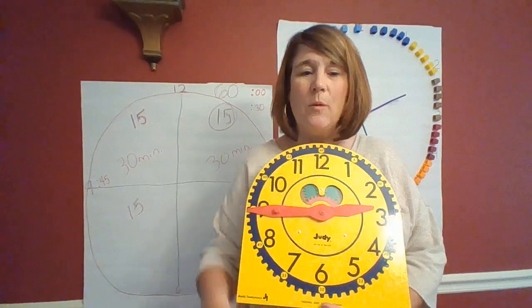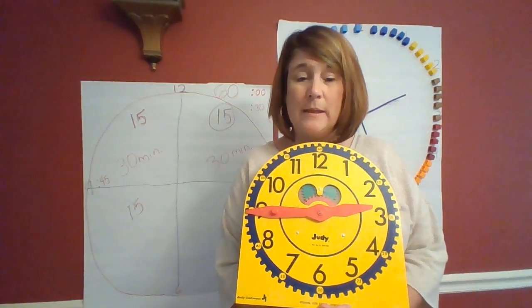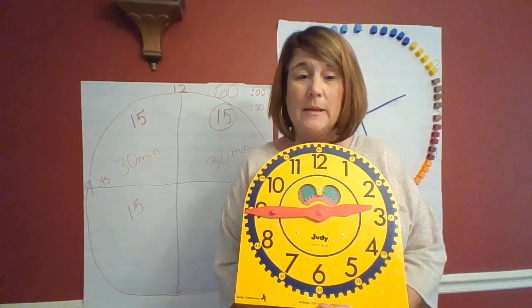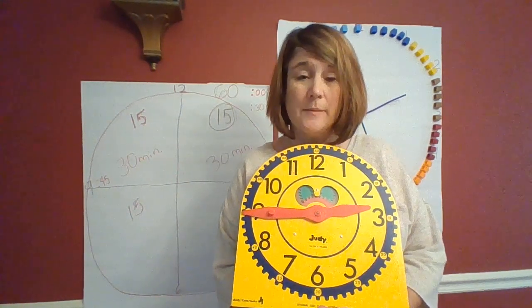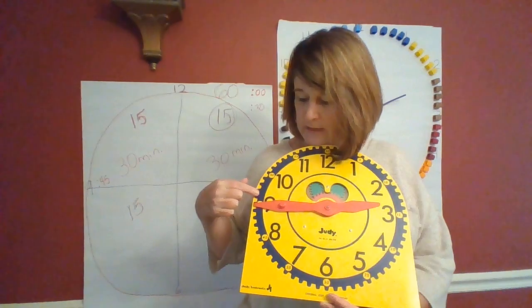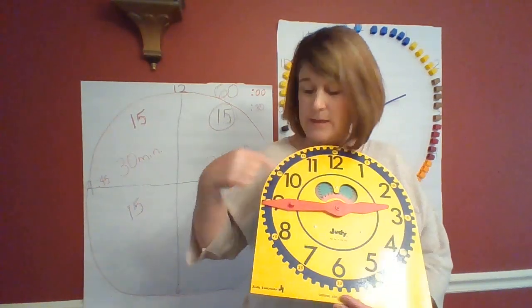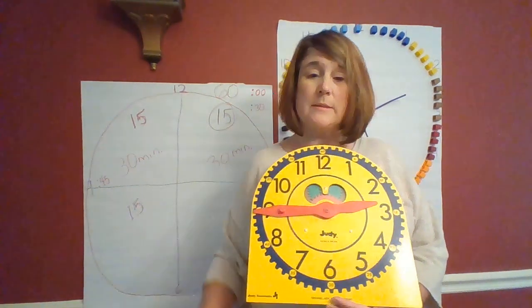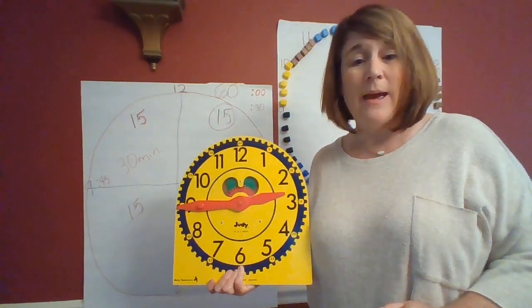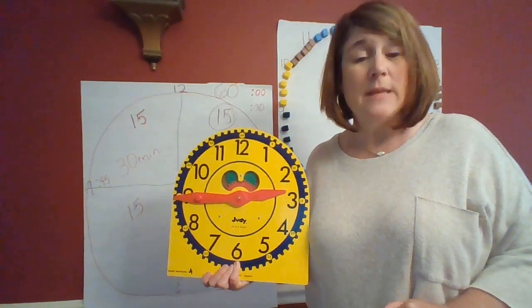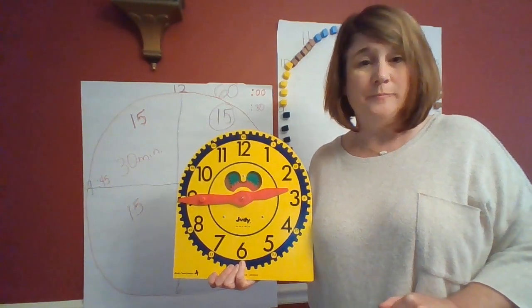That hour hand is between the 2 and the 3. So it's getting closer to 3 o'clock, 2:45, because it's quarter till. It's only got 15 more minutes before it gets to the next hour. So this time could say 2:45. It could also say quarter till 3.